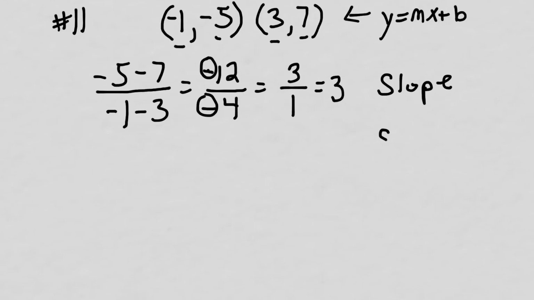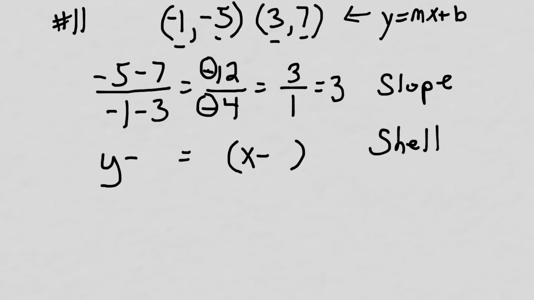Next is what I've called the shell. I'm going to give this formula on the board. This is the point-slope form: y minus y1 equals m times x minus x1. The full formula will be given to you on the board. But now we just have to fill this in. We're going to use the slope that we found and insert it here.